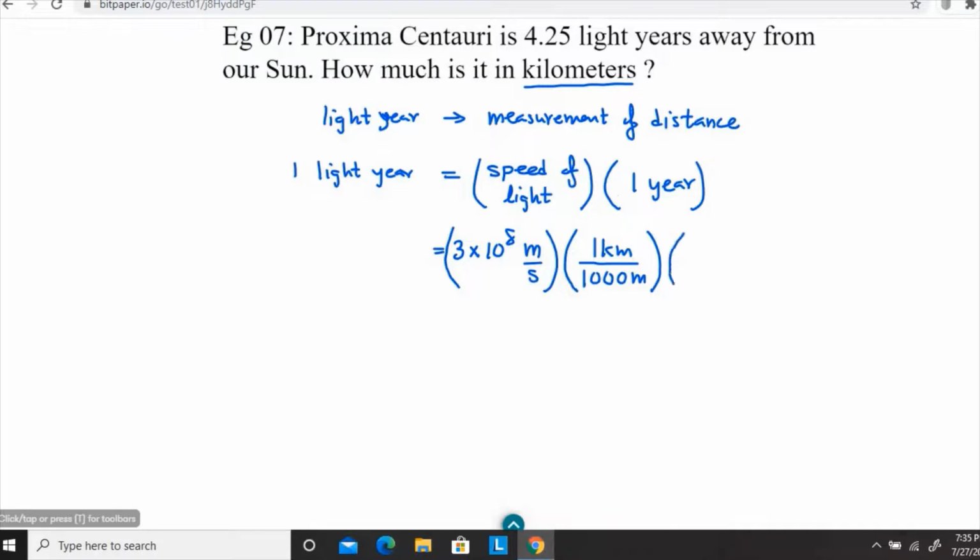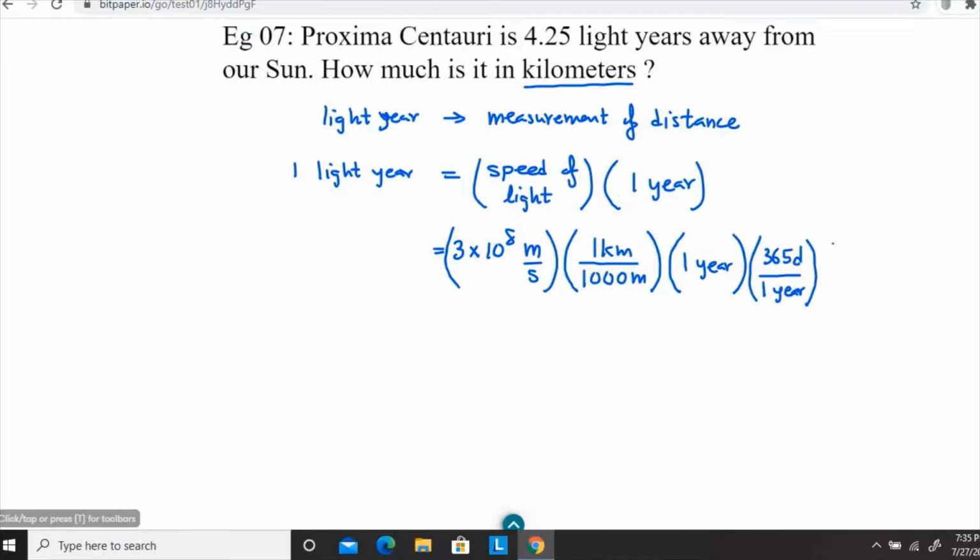So I know that 1 year is equal to 365 days. So 1 year, and then our conversion factor, 365 days is equal to 1 year. This is our second conversion factor. This is a conversion factor, but this is not a conversion factor. It's just 1 year by definition of how we define light year.